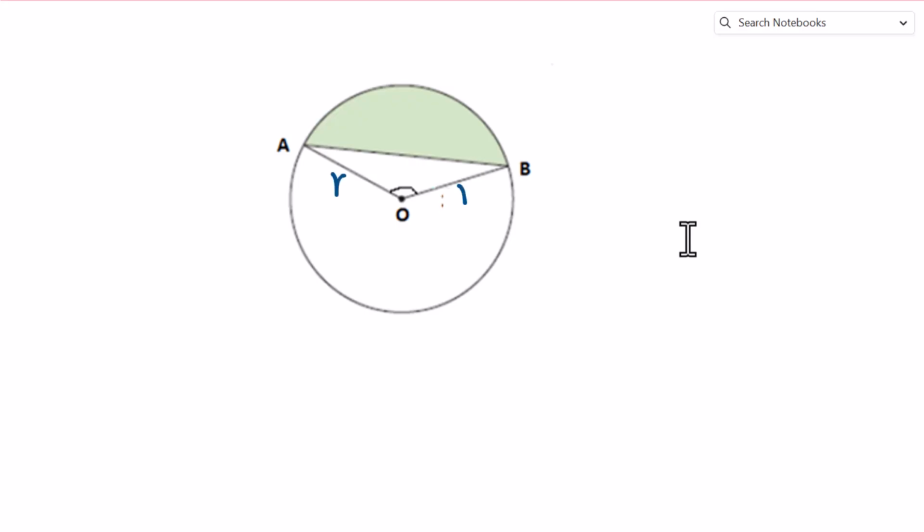How to figure out the shaded area in this diagram? Let's label radius as r. The central angle is theta. Then this shaded area equals the sector area 1/2 r squared theta minus triangle area 1/2 r times r sine theta.